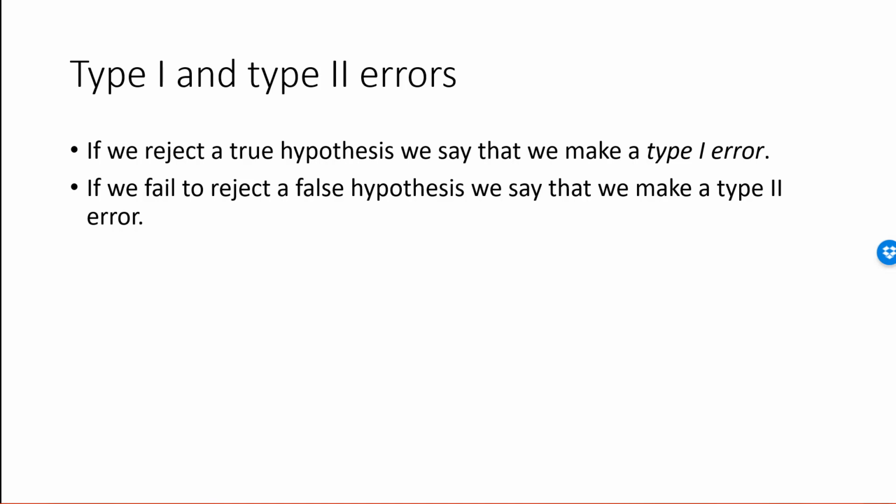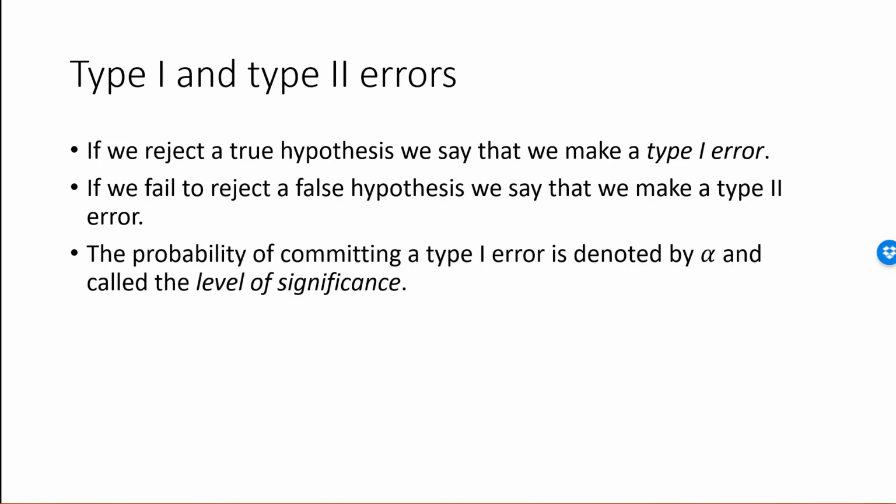Since we are very wary about committing type 1 errors, we give that a name. We call this the level of significance. That is the probability of committing a type 1 error. So in a statistical analysis, the probability of committing this type of error is denoted by alpha.